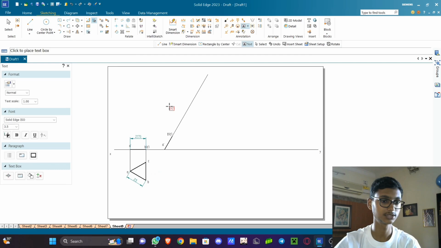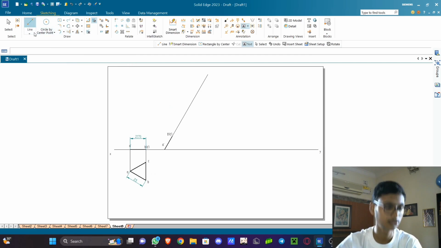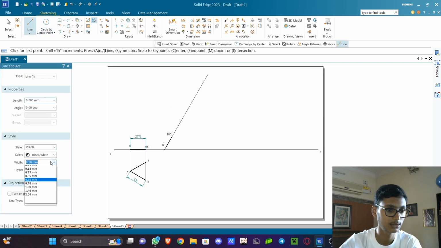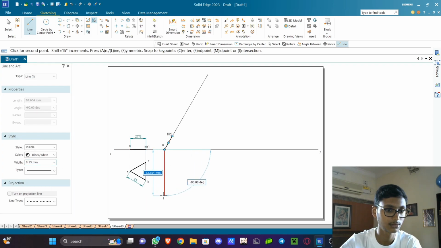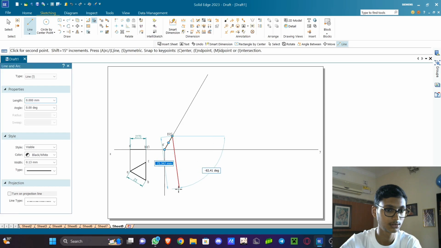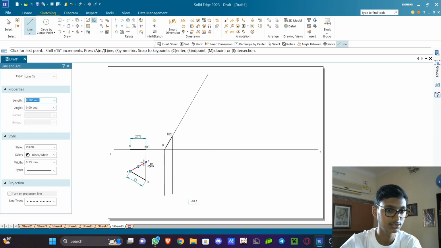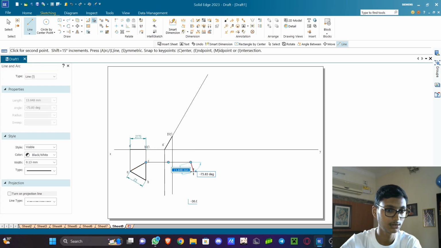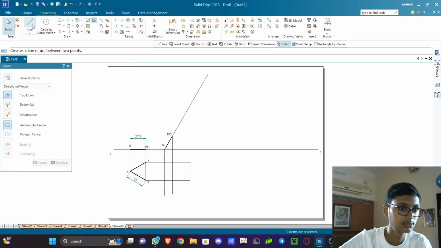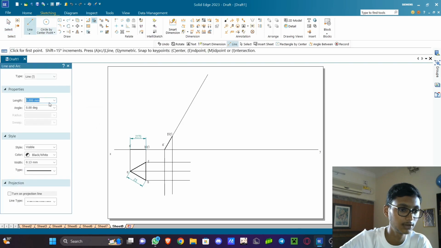Now we need to project it downwards. So the projection line should be a thin line, 0.13 mm. Even this original triangle we need to project. Now let us draw a triangle.